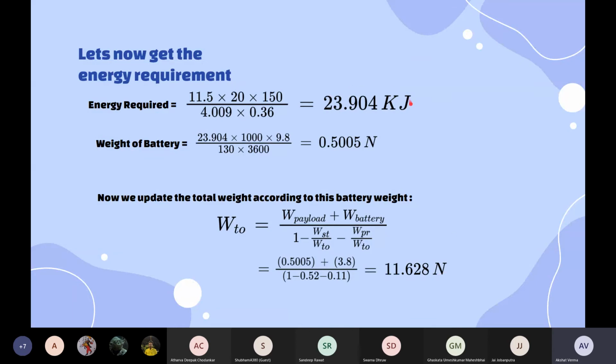But we don't need to do that, we need to get to a particular total weight of aircraft. So this example was to explain how we are actually iterating the weight of our aircraft and how we are getting different weights in two particular iterations.